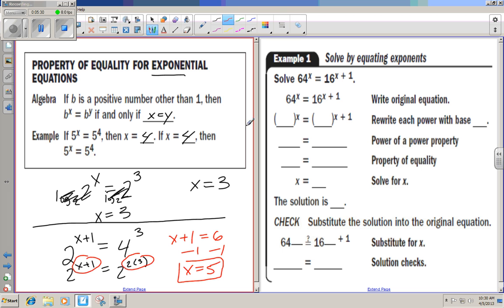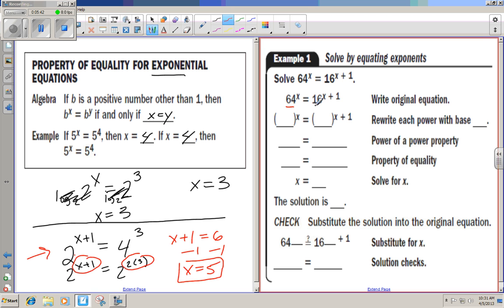So take a look at this. This first example is a big leap from even this one here. 64 to the x power equals 16 to the x plus 1. This is the original equation. These are not the same bases. We have to somehow write them the same way. So I need to think about what is 16. 16 is 4 squared, so you could use that.